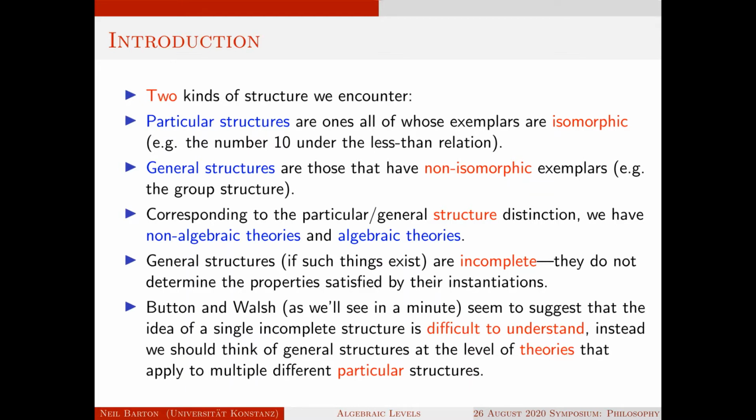As I just mentioned, you can have the group of rotations of the triangle and the group of integers, and those are very, very different kinds of particular structure. So Barton and Walsh, as we'll see in a minute, seem to suggest that this idea of an incomplete structure, the kind of general structures, is difficult to understand. Instead we should think of general structures at the level of theories that apply to multiple different particular structures. So rather than a claim about the existence of general structures, they want to countenance them as just particular kinds of theory, algebraic theories that apply to multiple different particular structures.